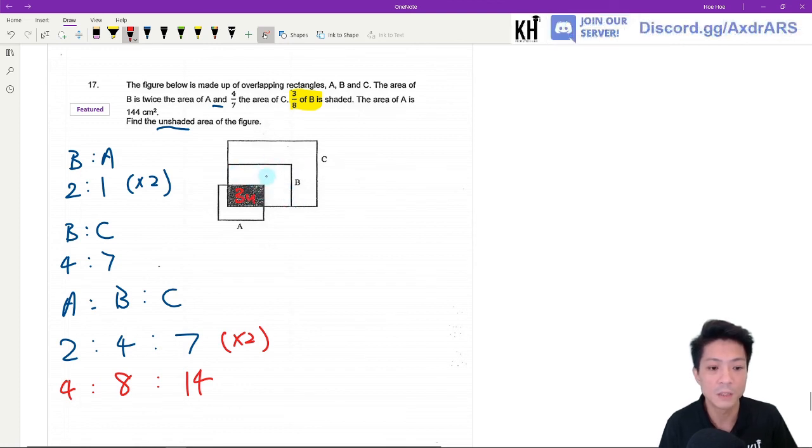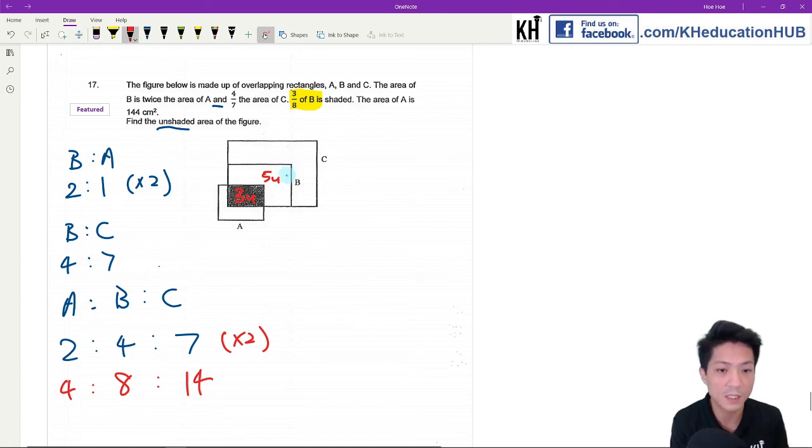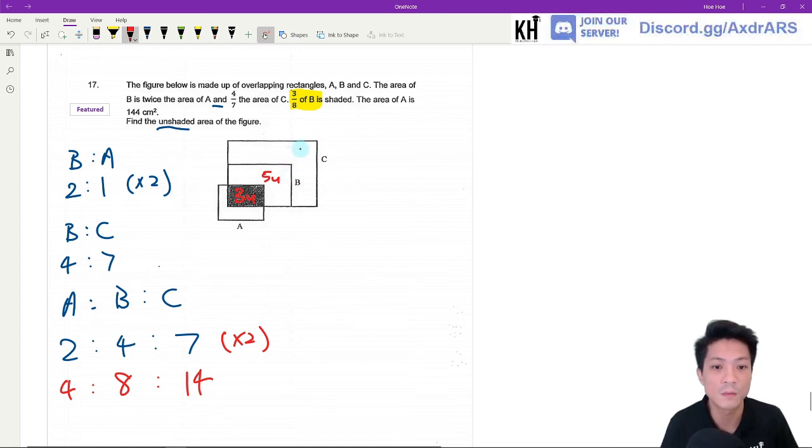The unshaded part of B will be 5 units. And C is now 14 units, so if I use 14 minus 8, I get 6 units. This part here is 6 units.